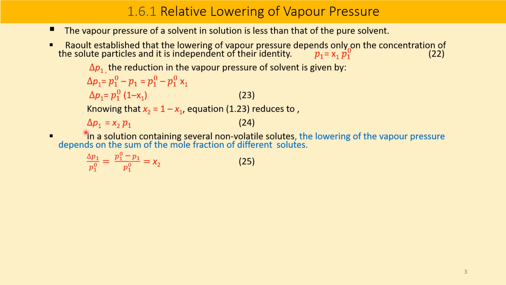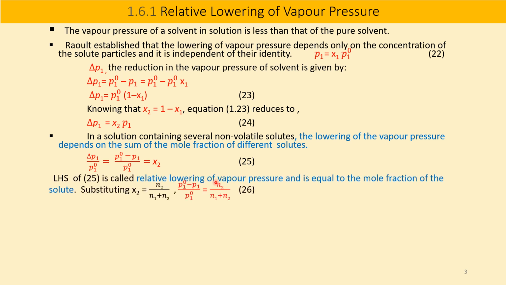We get delta P1 by P1 naught = (P1 naught minus P1) by P1 naught. But from equation 24, delta P1 by P1 naught is X2. So please write it as X2. Let it be equation 25.